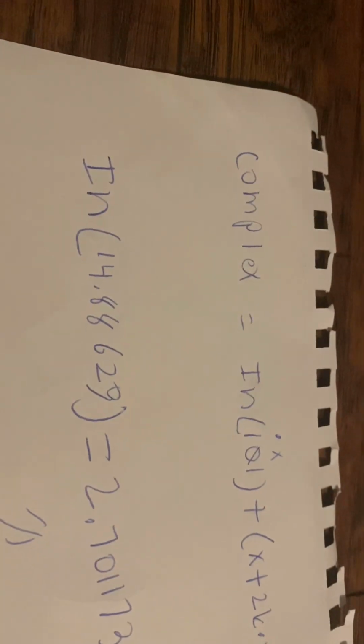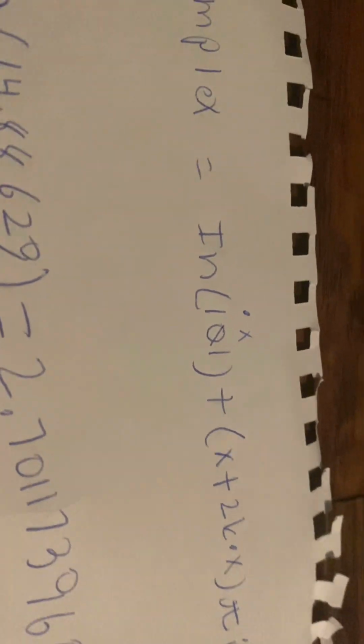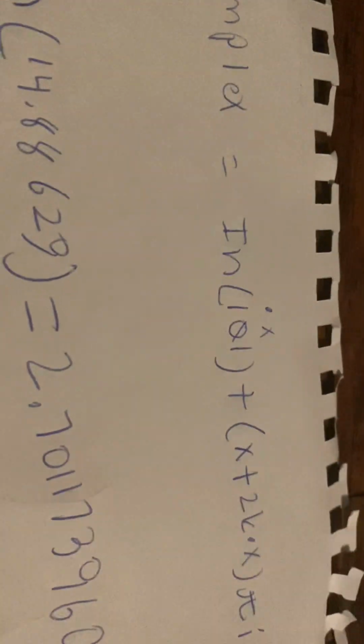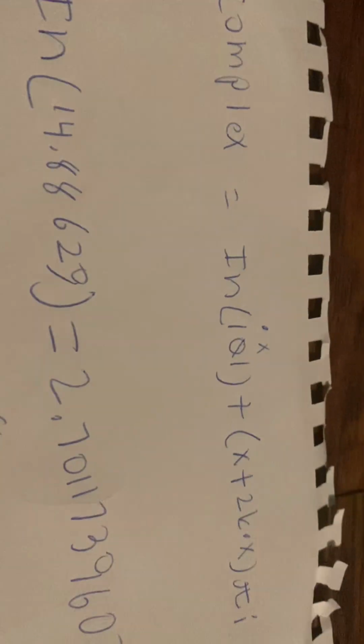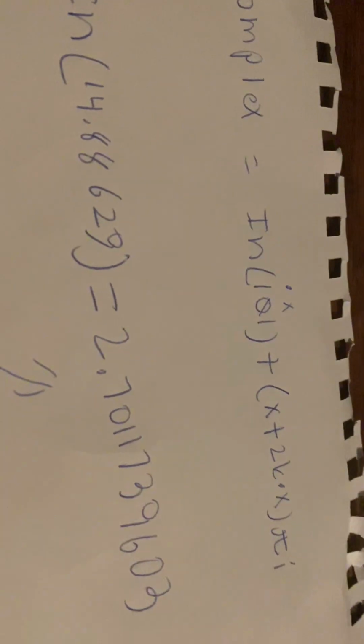So now we're on the next thing. Now we have complex, where our rule is the log of the absolute value of the equation we want in the parentheses, multiplied by x after using the log. Then the second step, plus x, which would just be 4, plus 2k times x. k usually needs integers.